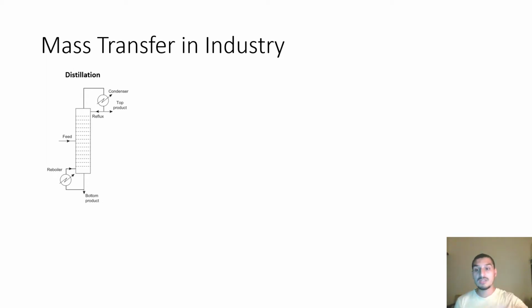The gas phase gets richer in the more volatile component, and the liquid phase gets richer in the less volatile component. We start with one stream and end up with two streams with totally different compositions. Each one of them is richer in one of the two components.